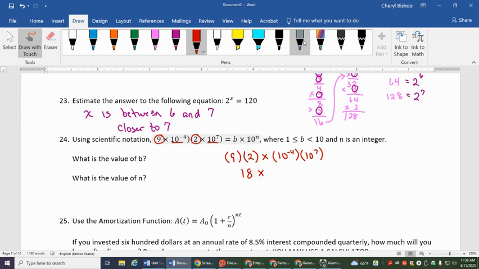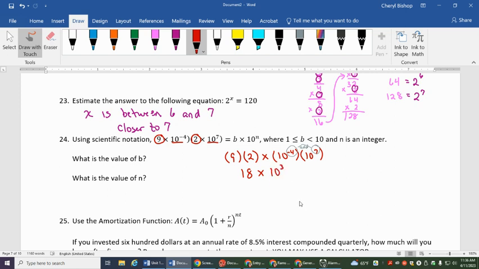Times, and then for these two, I'm going to add the exponents when you multiply.